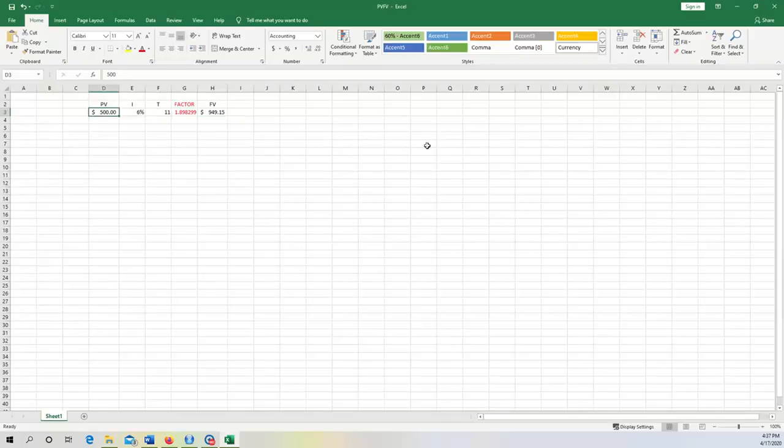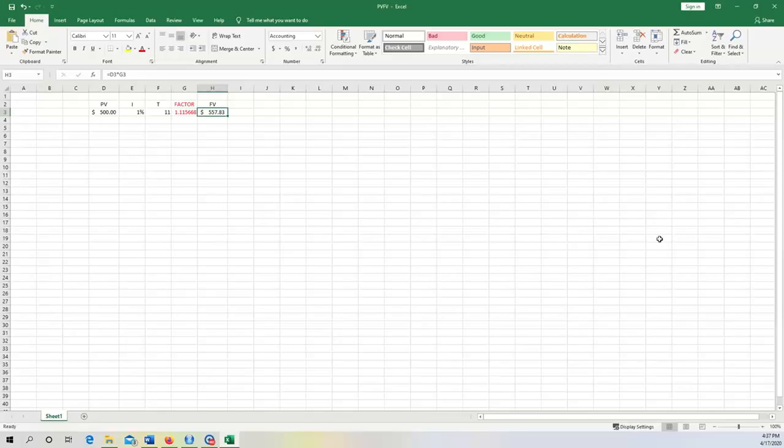So the future value will be $949.50. And if you don't like this interest rate, say 1%, it calculates this number automatically. This is how you go from present value to future value.